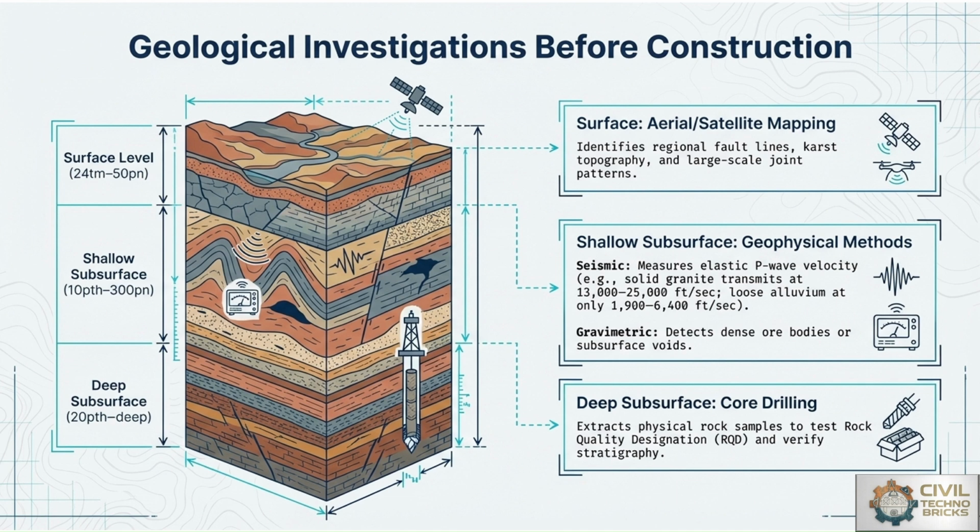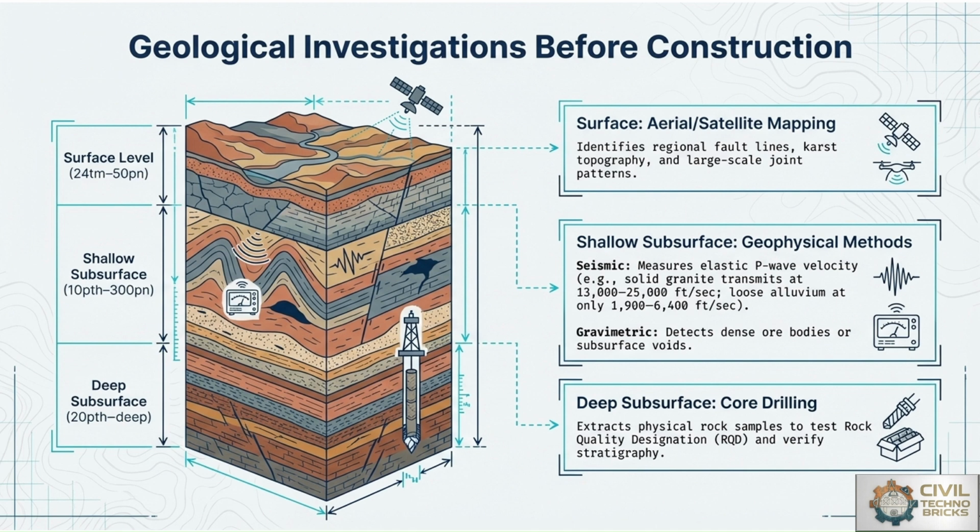The second one is the shallow subsurface, that is geophysical methods, where seismic and gravimetric analysis is carried out. Seismic analysis includes the measurement of elastic waves by using the P wave velocity. For example, solid granite transmits at 13,000 to 25,000 feet per second, while loose alluvium at only 1,900 to 6,400 feet per second.